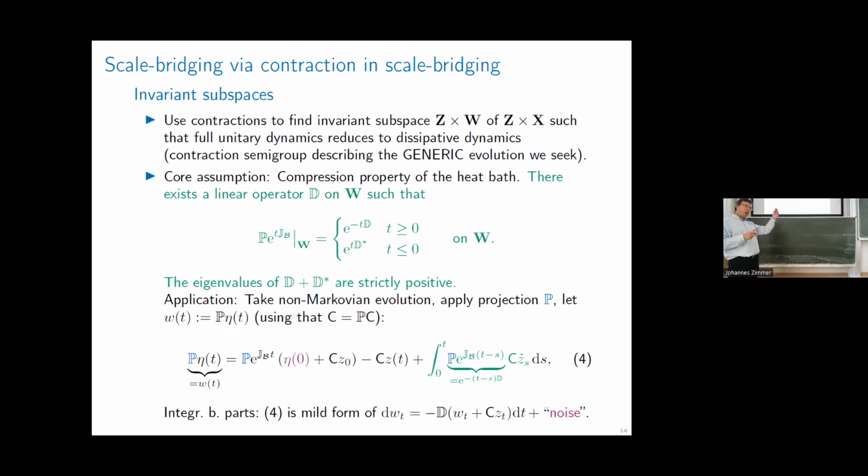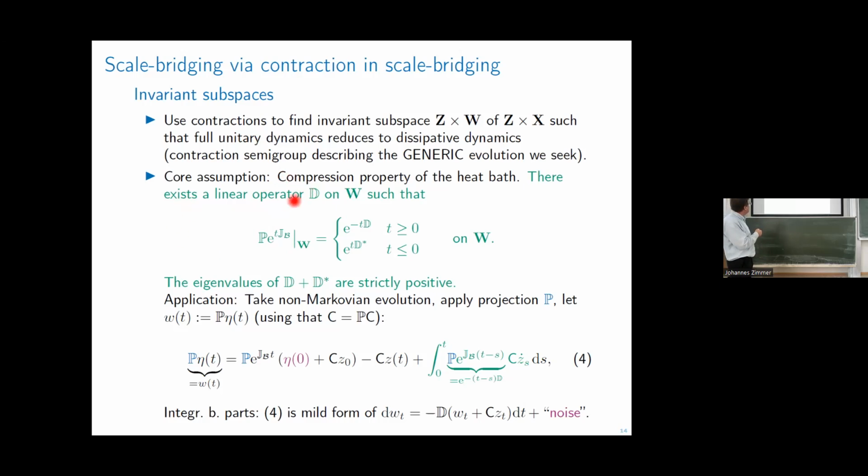We use them now the opposite way. We assume there is a suitable projection. So we have this high-dimensional system, the microscopic system, infinite dimensional, and we want to find invariant subspaces. The core assumption is that the reverse of the dilation holds true.